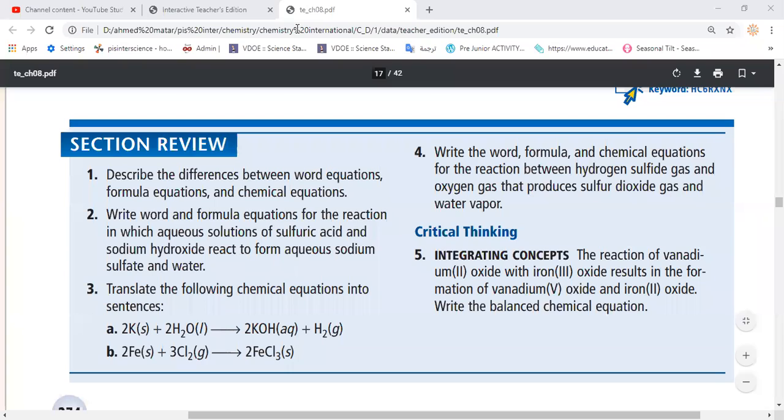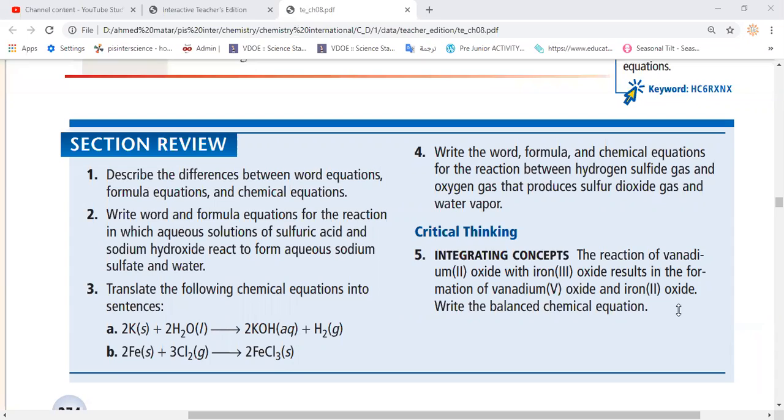Okay. So first question here, it asks you to describe the difference between word equation, formula equation, and chemical equation. So three definitions. They look similar, but actually there are differences between them.